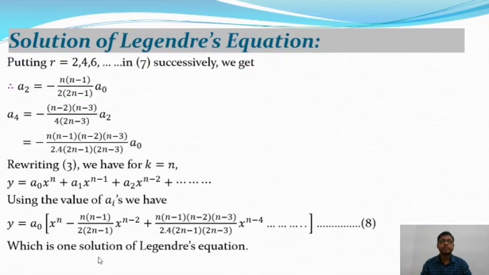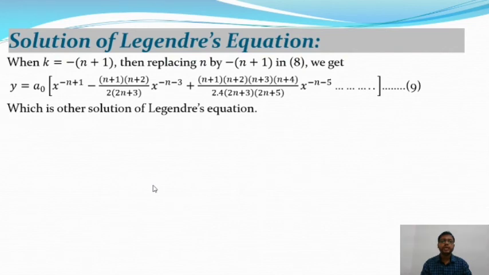So this is one of the solutions of the Legendre equation when I put k is equal to n. And after that, when we put k is equal to minus of n plus 1, then replacing n by minus of n plus 1 in equation 8, we get this solution.